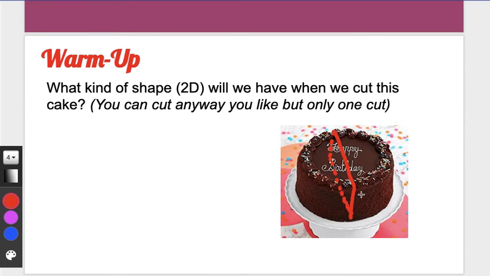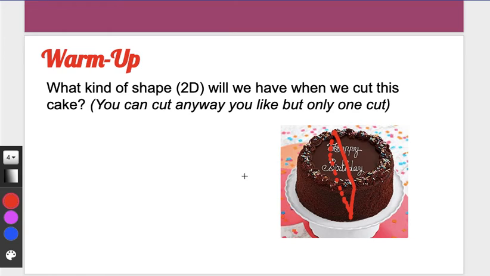Some students probably already figure out the cross section is going to be a rectangle. One thing I want to remind you: some students might say the cross section is half a circle. No, the cross section is the side you touch with the knife. The whole surface touching the knife is the cross section.